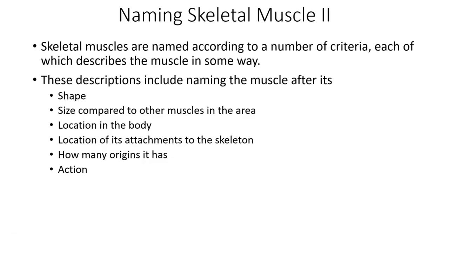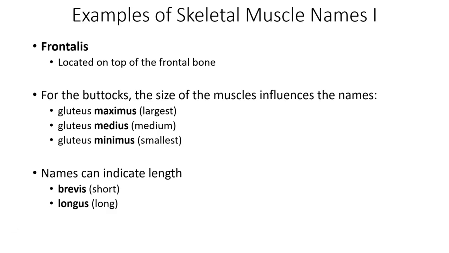The second part of naming skeletal muscles is that they can be named according to a variety of criteria that describe those muscles in some way. These descriptions can be based on the shape of the muscle, its size compared to other muscles in the area, where it's found in the body, where its attachments to the bones are, how many origins it has, and or the action that it does.